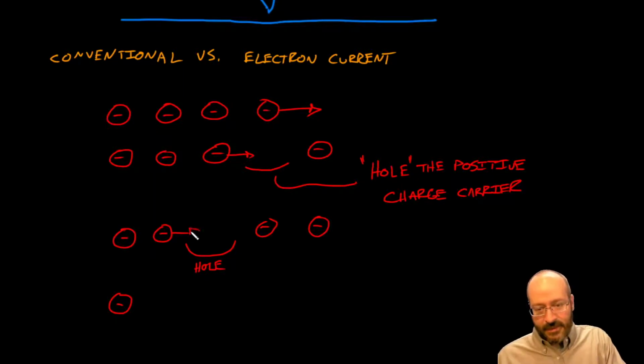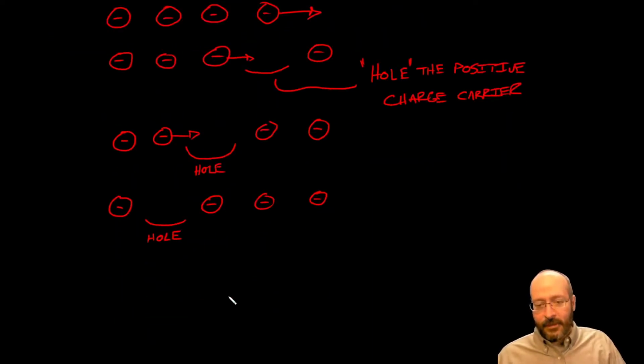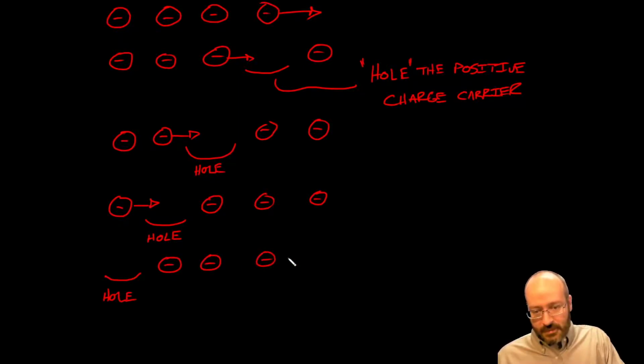So I'm going to take that one, I'm going to move it over, and then I'm going to get 3 over here, and our hole is here, right? And then the last one, as I move this to the right, our hole is going to be the first thing over here. And I've got 4 electrons, again, shoulder to shoulder over here.